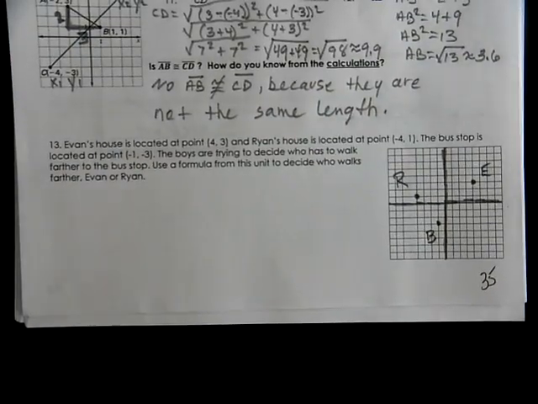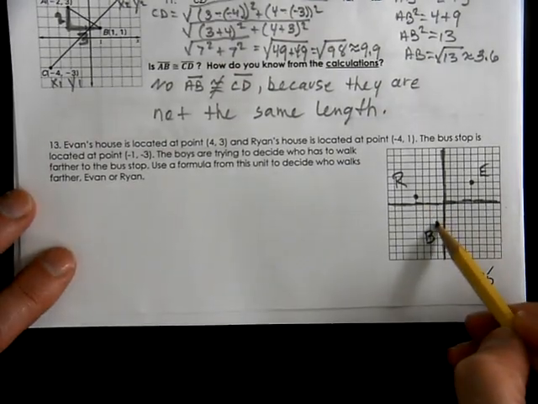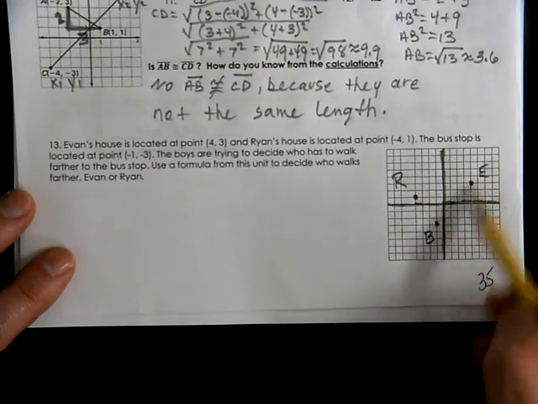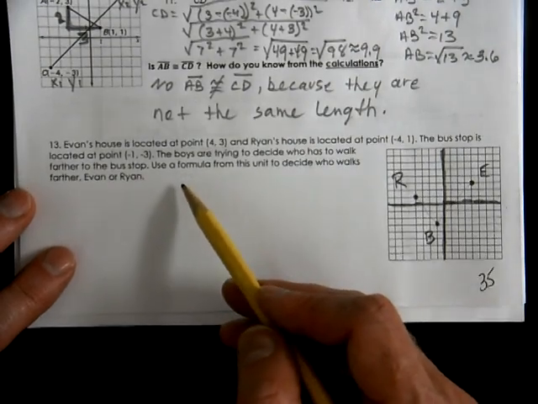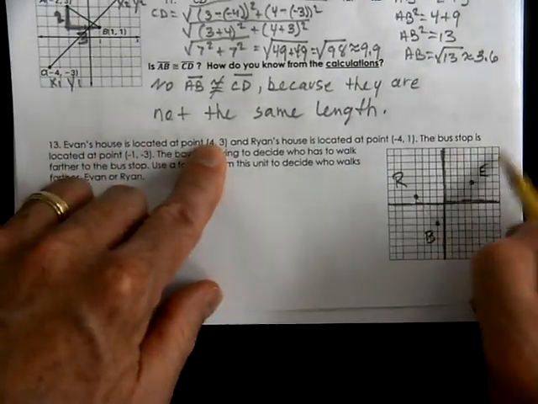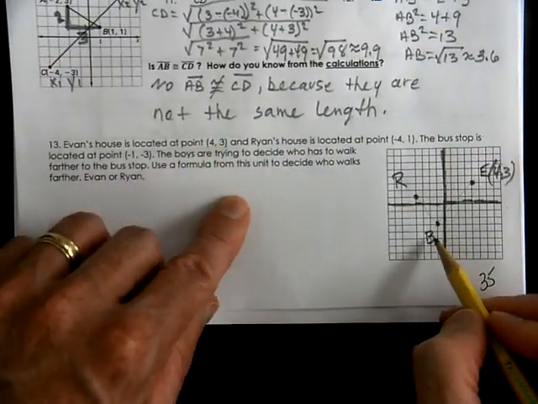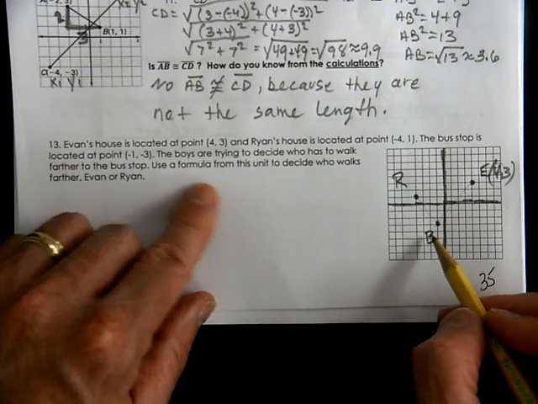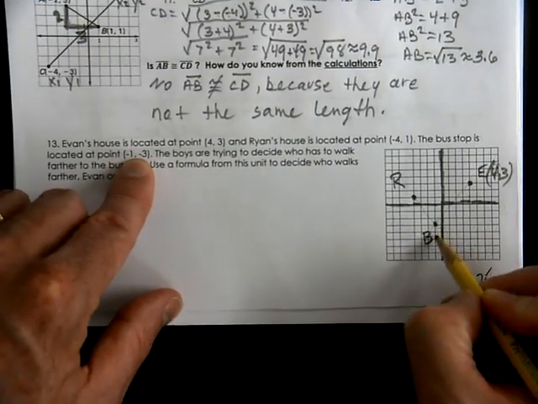That's the bus. Now we're trying to figure out who has to go the furthest to get to the bus. Okay, clearly it looks like Evan's got to go longer, but we need to support it using a formula. So I'm pretty sure we know the answer, but we need to support our work. This is point 4, 3, and the bus stop was at -1, -3.